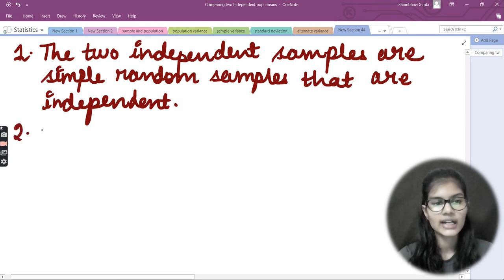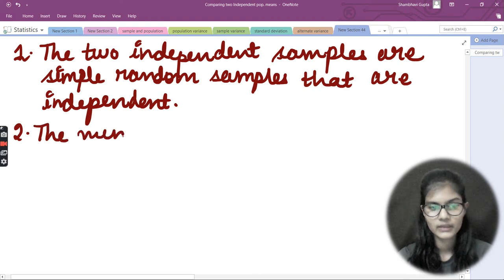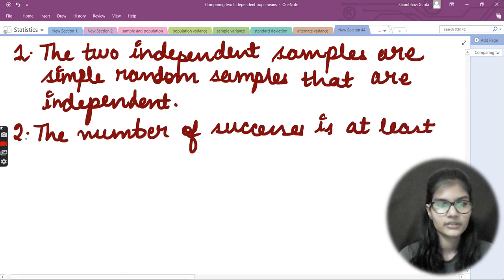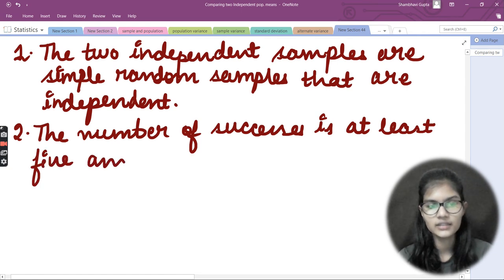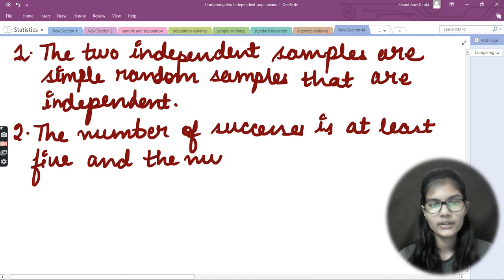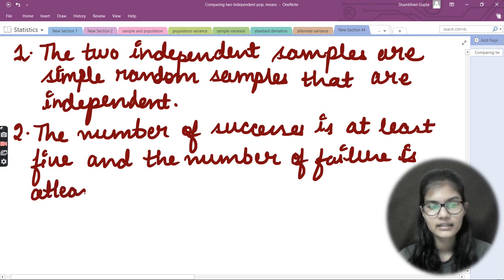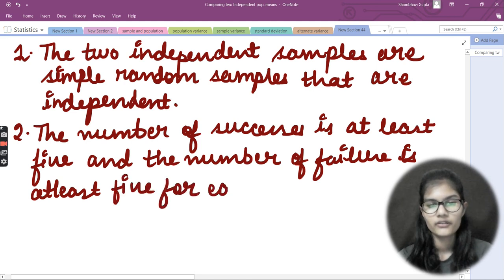Second point regarding this: the number of successes is at least 5, and the number of failures is at least 5 for each of the samples.